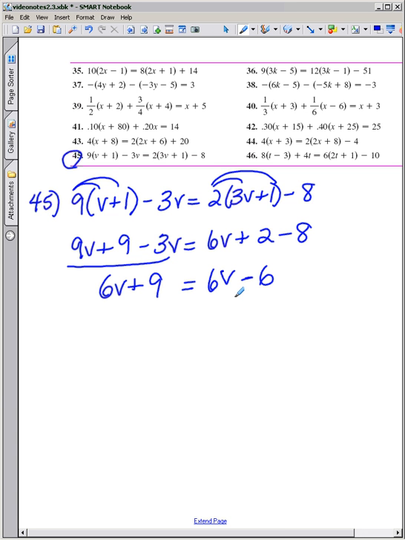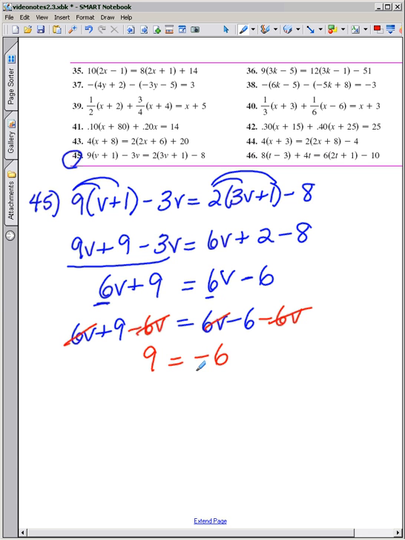This problem is unique in this case because notice that the variable coefficient is the same. So whenever I eliminate it from one side, it's actually going to be eliminated from both sides, right? If I wanted to eliminate the 6v, I would have to subtract 6v from both sides. On doing this, 6v minus 6v is eliminated, so I just get 9, and I get negative 6.